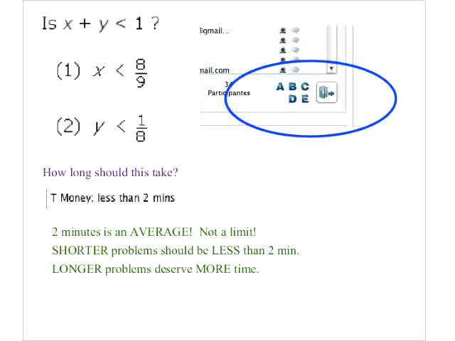The entire problem is basically right there in front of your face. So when you see a problem that's like this, your first thought should be, okay, this is not going to take me the average amount of time. It's going to take me less. So with that in mind, let's do about 1:15 or 1.5 for this problem, maybe 1:20 or so because it's already been up on the board for a while.